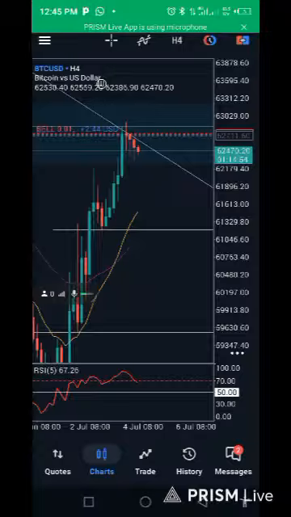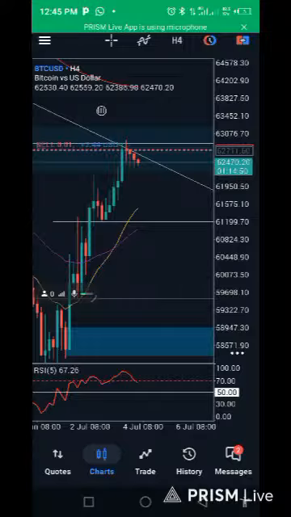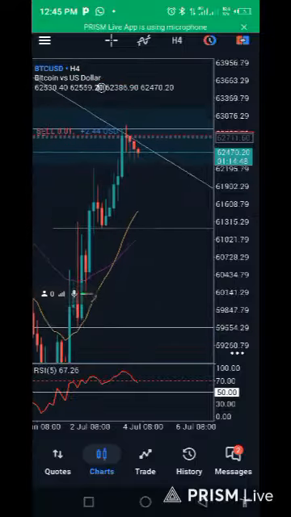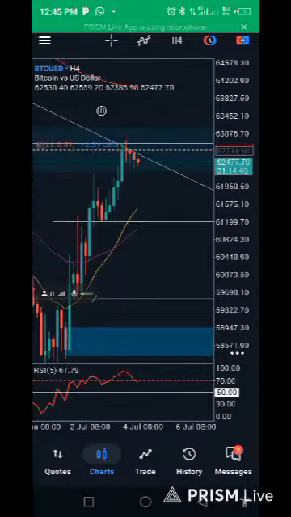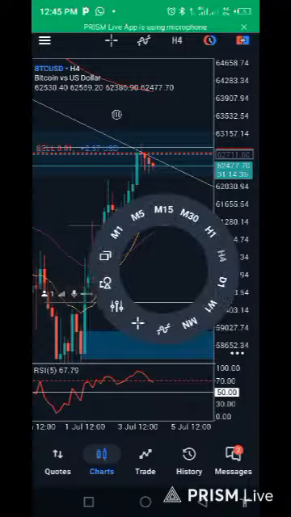So you can look for a good place to enter your trade. You can look for a perfect entry point right now, but let me check on the 15 minutes time frame.